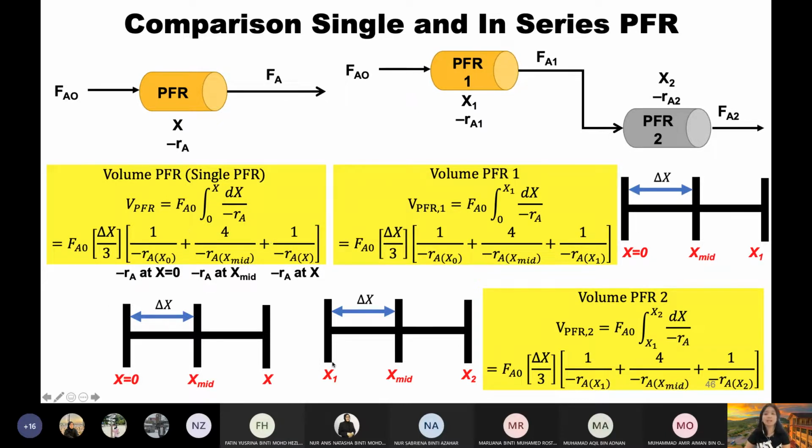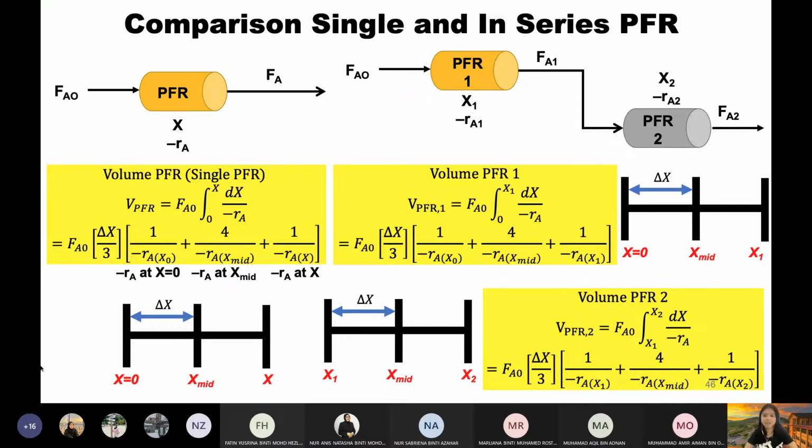So for example, say your initial X is 0. Say your final X is 0.8. Hence, your middle X is 0.4, right? 0, 0.8, middle X 0.4. Delta X is 0.4 minus 0, which is 0.4, or 0.8 minus 0.4, still 0.4. So your delta X is 0.4.